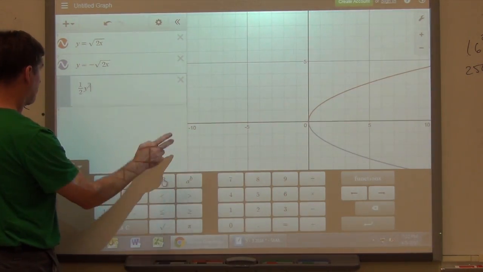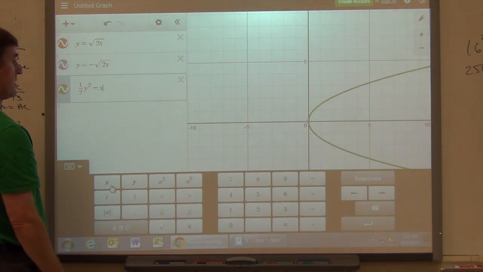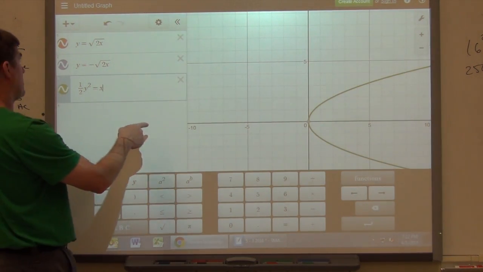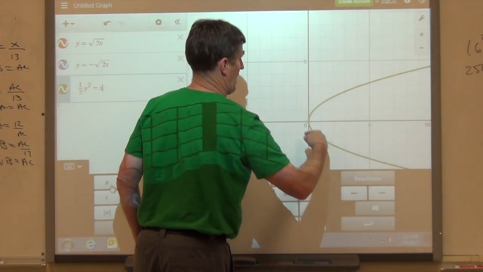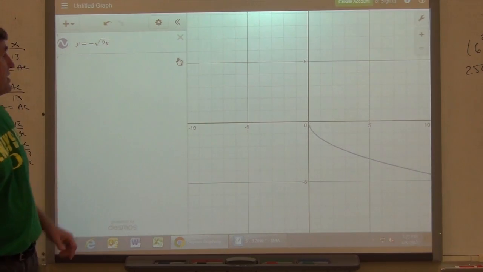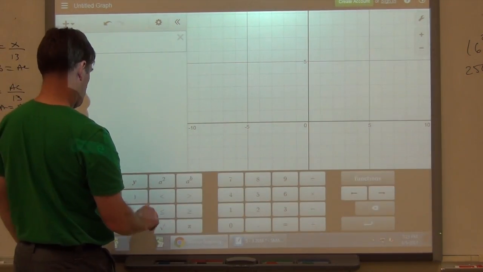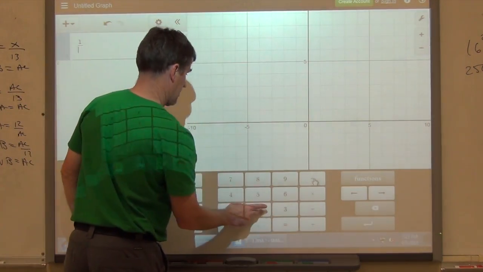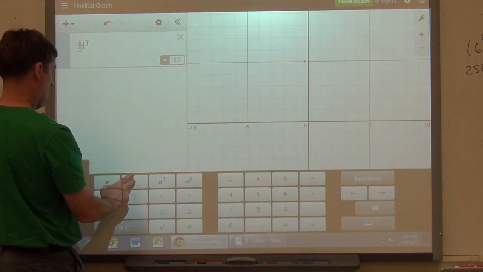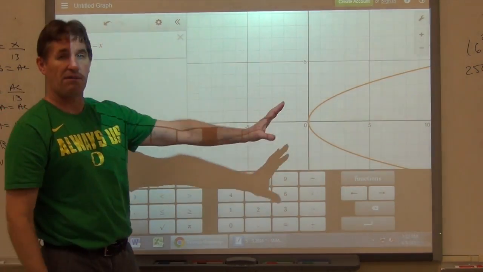If I graph that, you can see it's the exact same graph, but it gives it to me just in one. So I can delete these. So 1 divided by 2, y squared equals x gives me the same graph at one time.